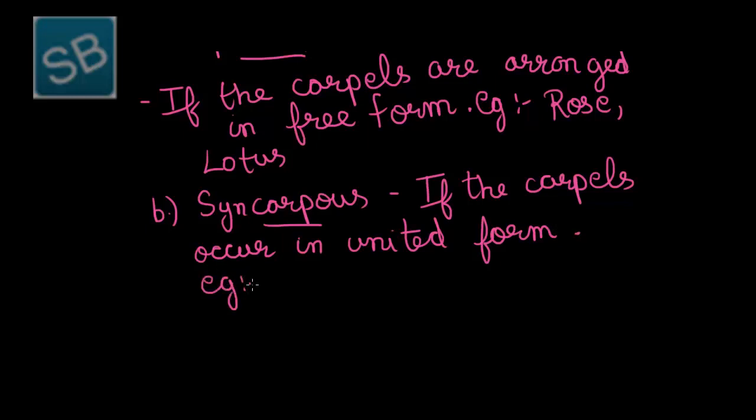Example is datura and hibiscus flower. This figure depicts the apocarpous gynoecium or the arrangement of carpels within. As it can be seen, the carpels are arranged in a free form or distinct manner. On the contrary, in syncarpous gynoecium, these carpels are joined or in united form.